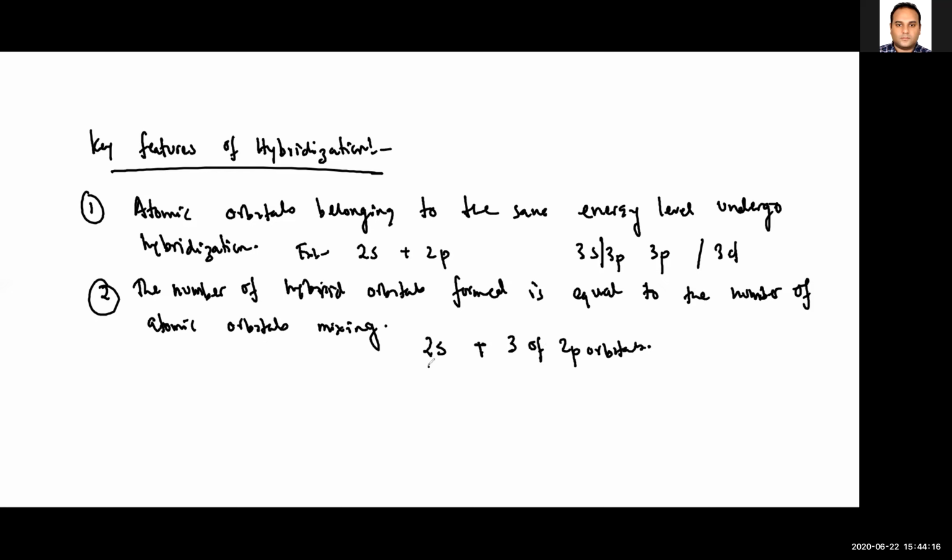So if you have 2s with 3 of 2p, then total how many orbitals do we have? We have 4 orbitals, which we write as 2sp3, sp3 hybridized orbitals. It will be 2sp3, right? You can write 2sp3, yes.